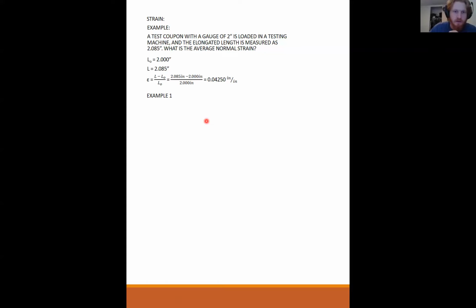Another question. If the sample you're testing is in compression, would it be the same value for the same material? Depends. It totally depends on the material. But if you had compressed it by 0.85, then it doesn't matter about the material because we already have the deformation.